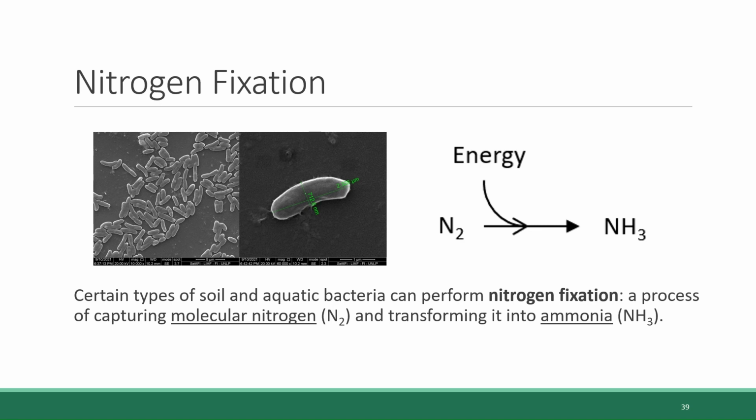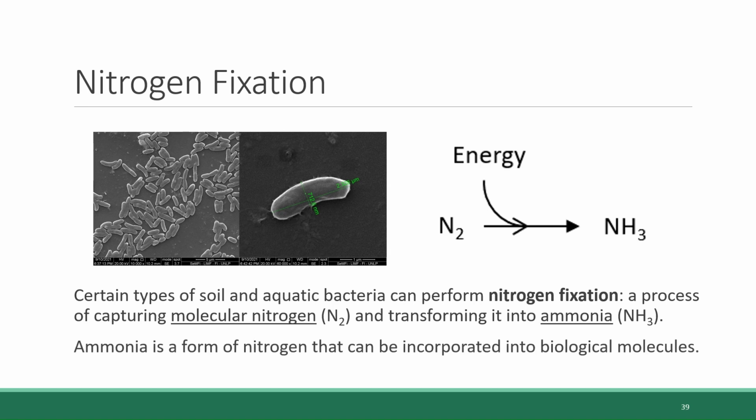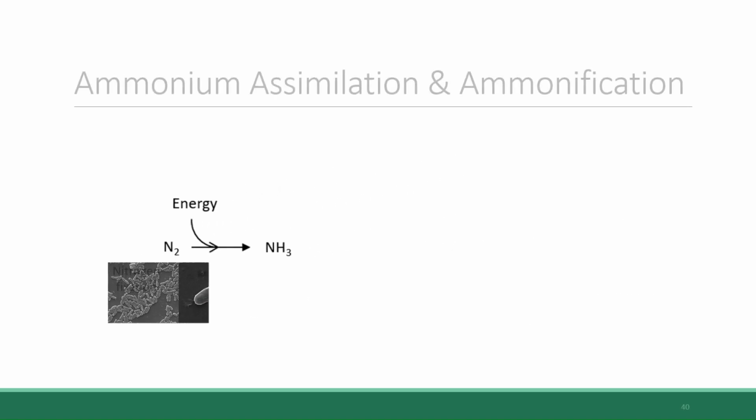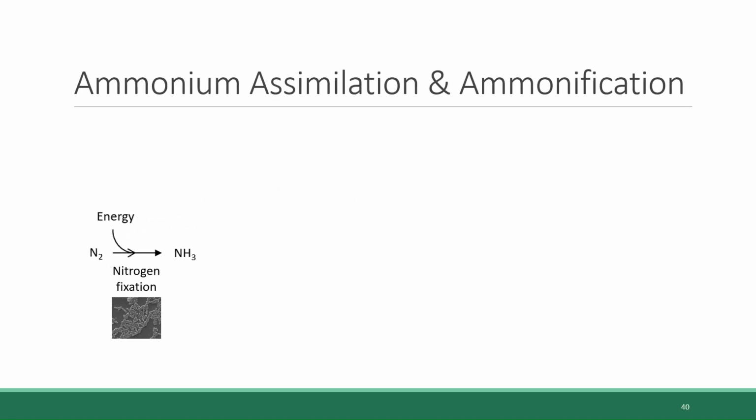And the same principle exists with nitrogen fixation. And converting molecular nitrogen into ammonia is key because ammonia is a form of nitrogen that organisms, namely plants, can incorporate into biological molecules. So these nitrogen fixing bacteria will make nitrogen gas from the atmosphere and turn it into a form available to plants in the form of ammonia.